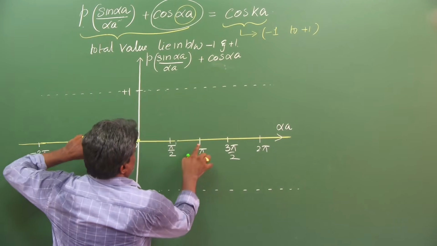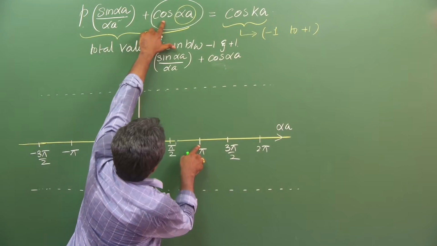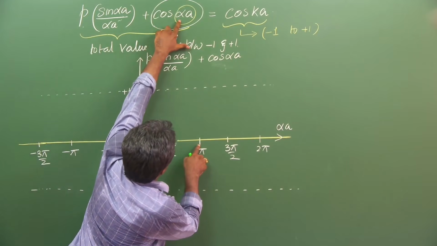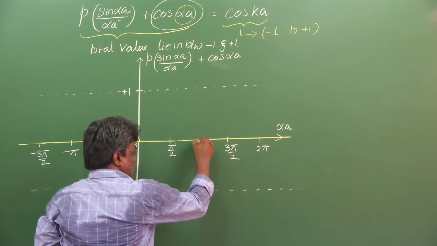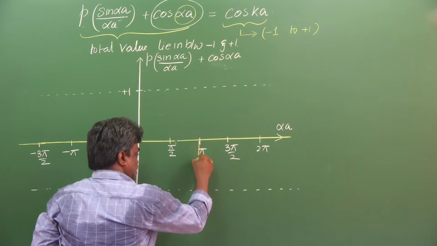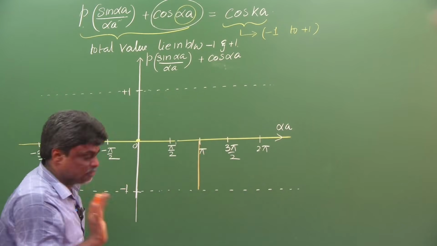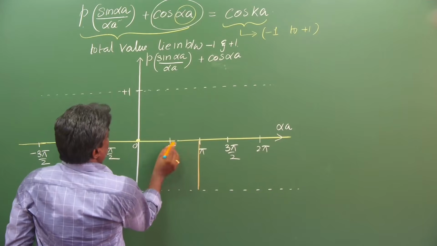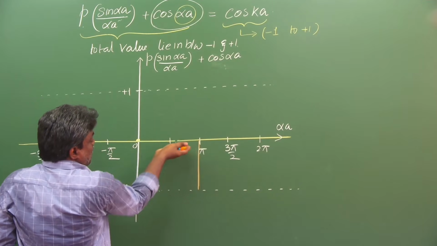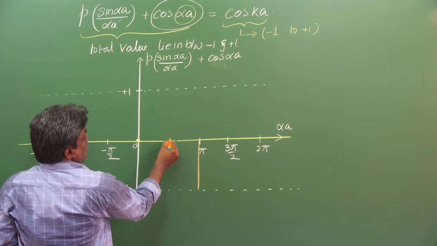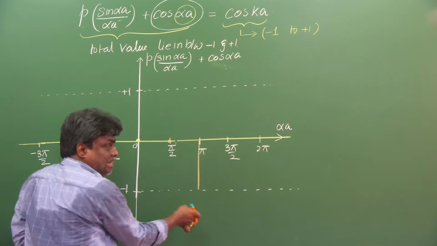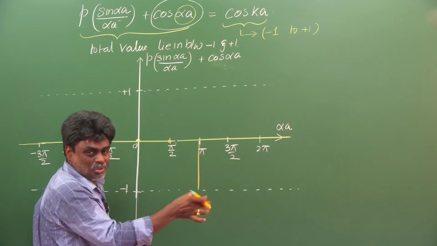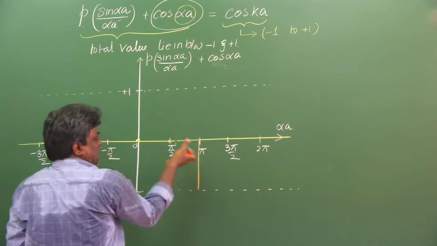So alpha A equal to pi, cos pi is minus 1 or plus 1? Observe. Next, cos alpha A is tending to pi by 2, then this value will be 0. And alpha A not exactly at pi, close to pi, understand?